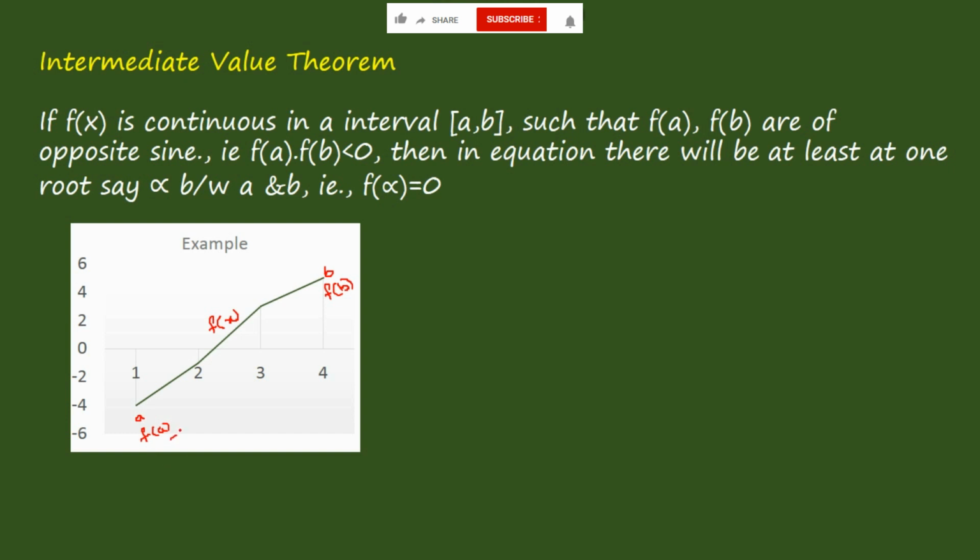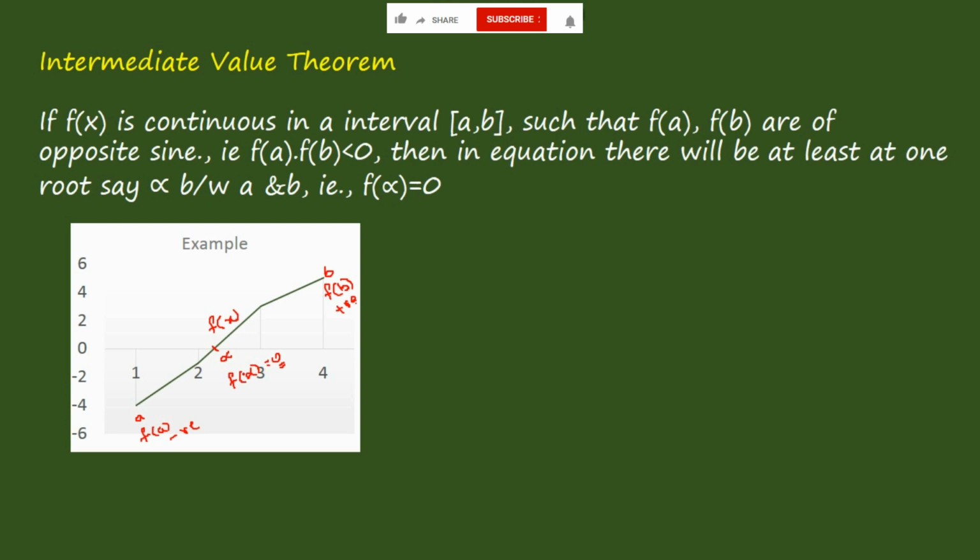Here the value is negative, here it is positive. Then in this equation, there will be at least one root, say alpha. Substituting it in the equation, we'll get a value of 0.